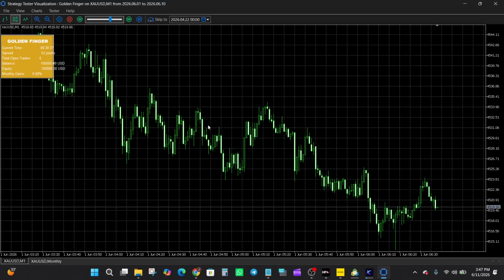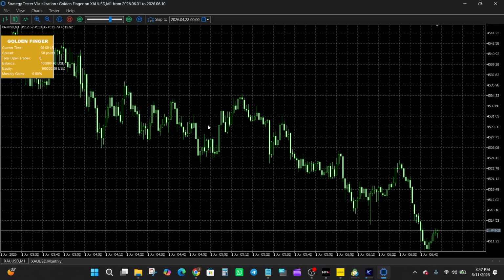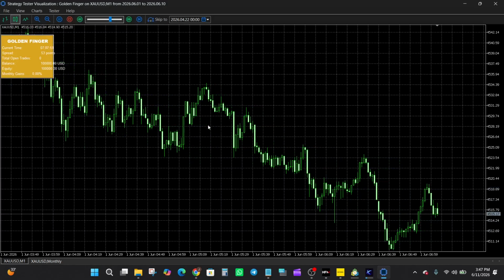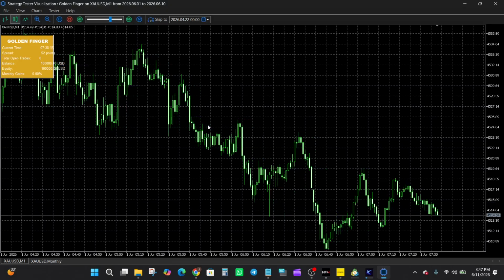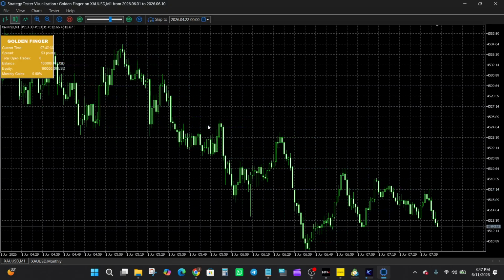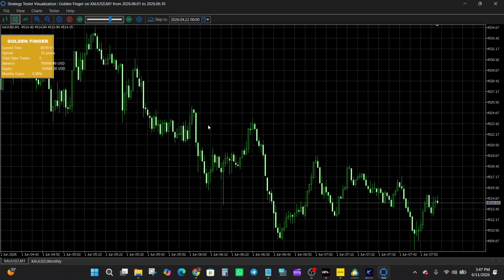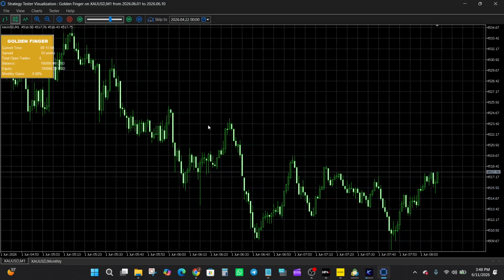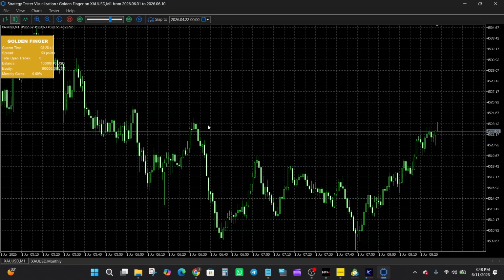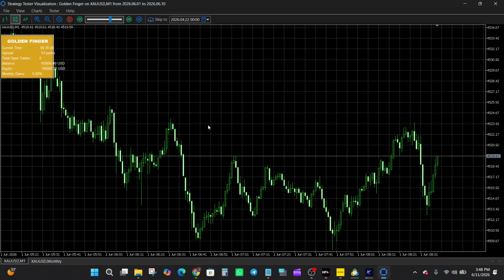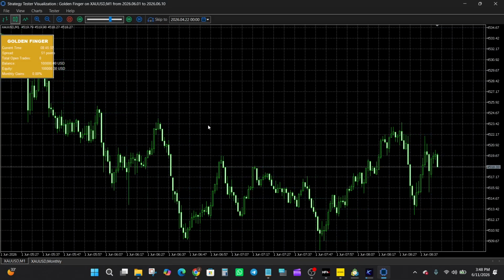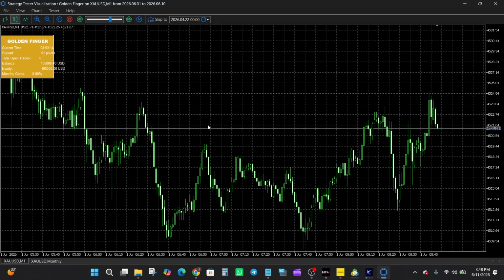But in terms of results, it's always important to treat this as historical backtest performance, and it is important to remember that real performance can vary based on broker conditions, spread, slippage, and user settings.